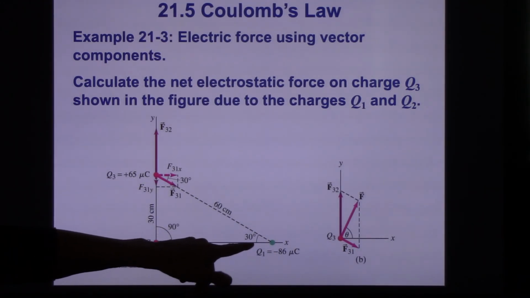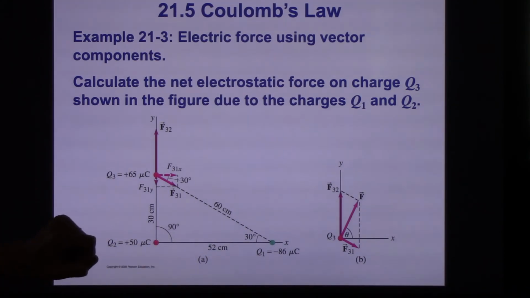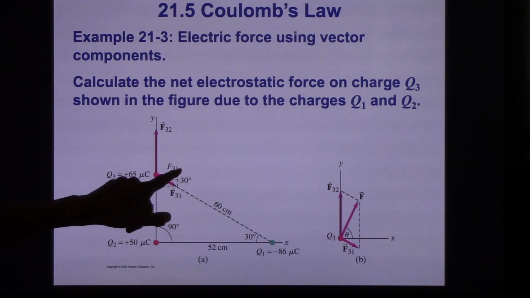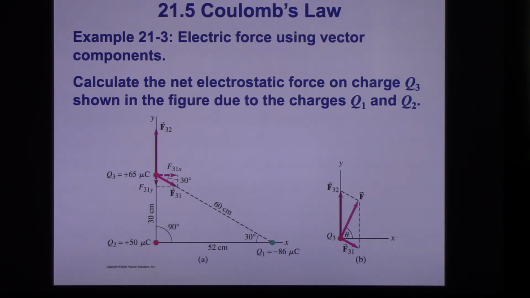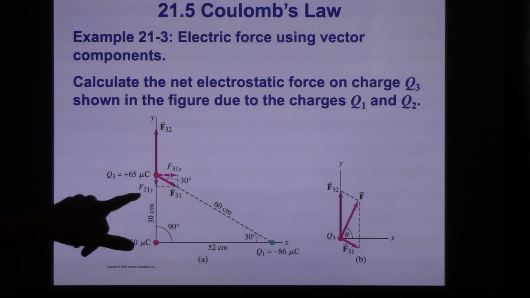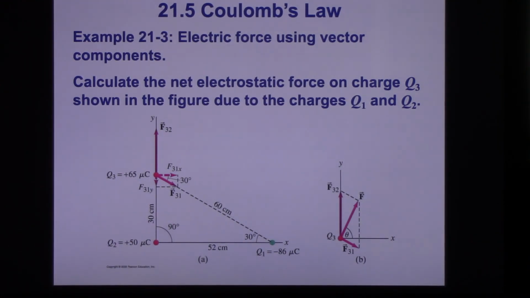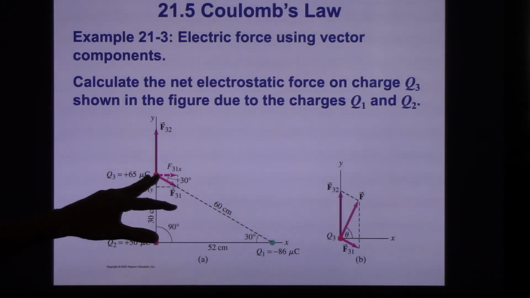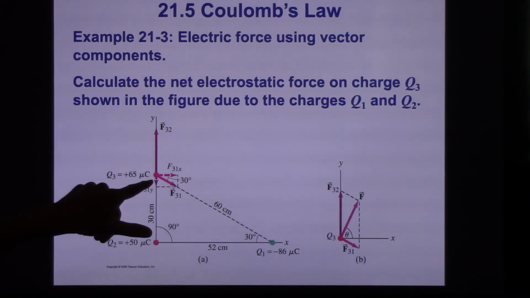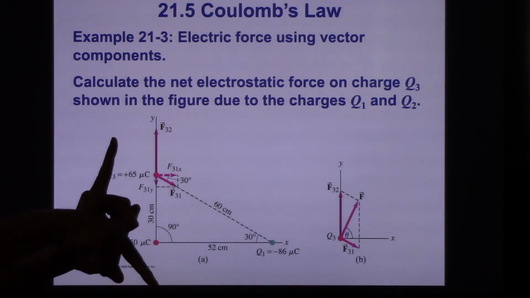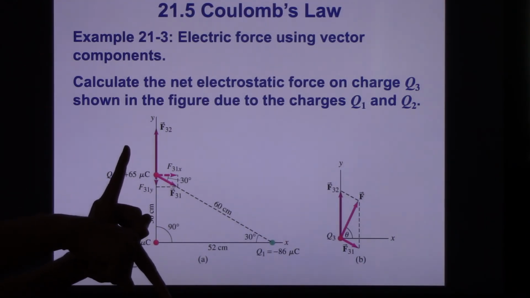So we identified an angle. The angle turned out to be 30 degrees, and the x component is going to pick up a factor of cosine of theta, and the y component is going to pick up a factor of sine theta. Now, once we've identified that, it turns out that the net force on object 3 is going to be a combination of those two forces.